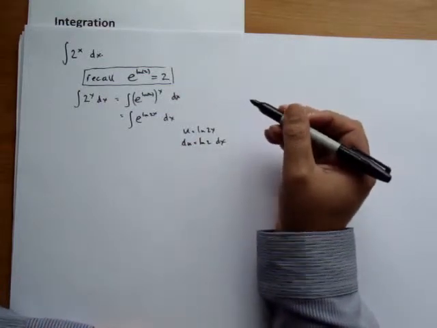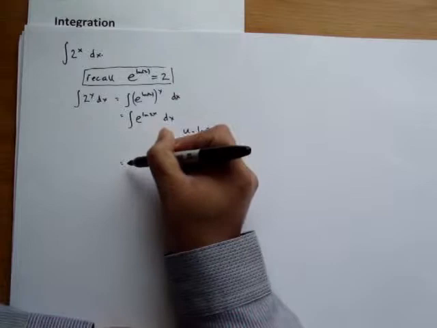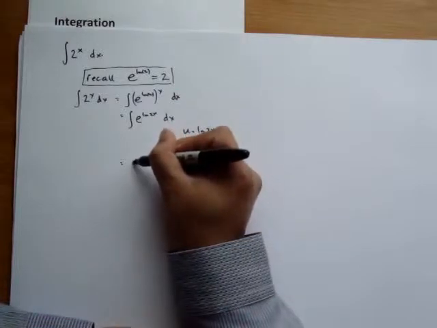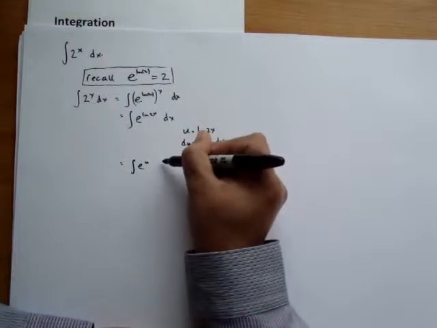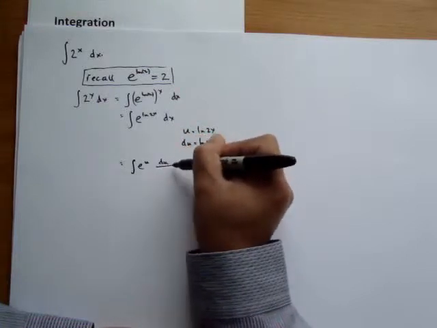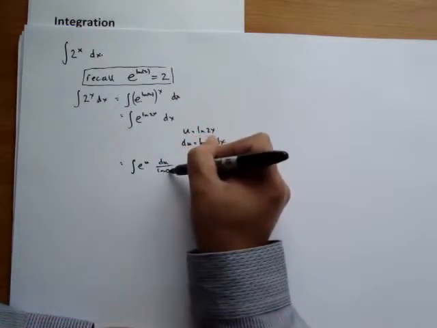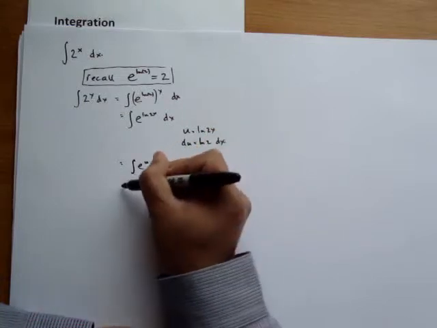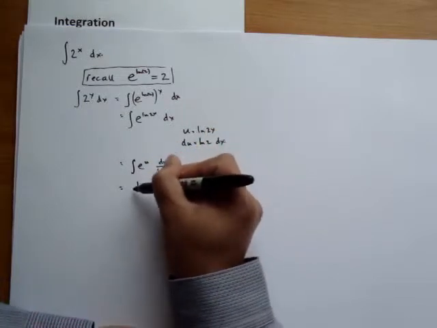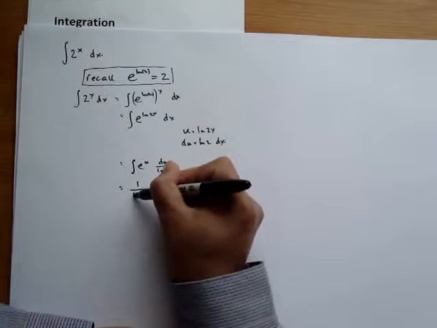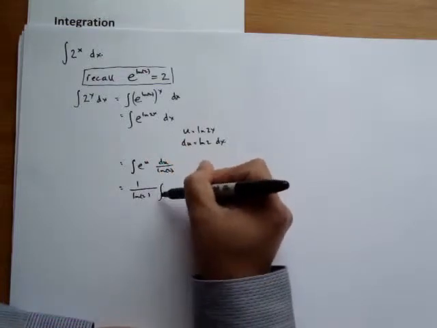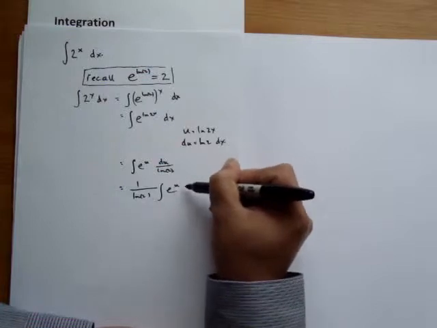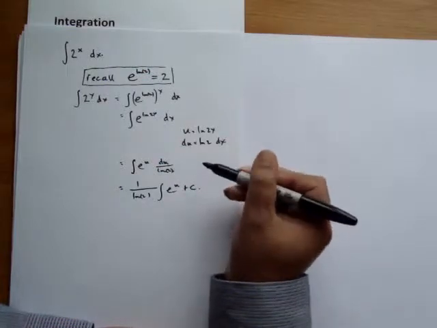So therefore this becomes the integral of e to the u du over the natural log of 2. So we take this 1 over natural log of 2 to the outside, and we have the integral of e to the u plus c.